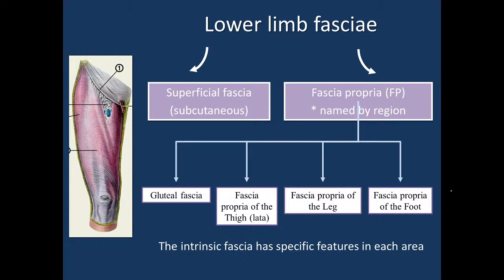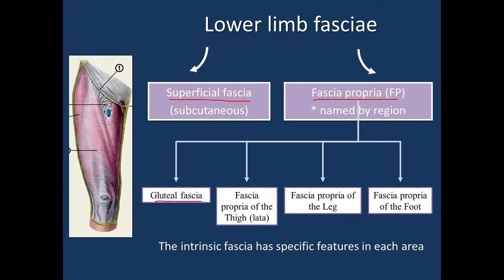Regarding lower limb fascia, we distinguish superficial fascia located under the skin and propria fascia, which covers different groups of muscles, and proprial fascia has different names. Gluteal fascia covers the gluteal muscles.